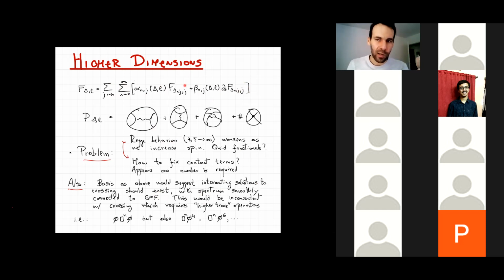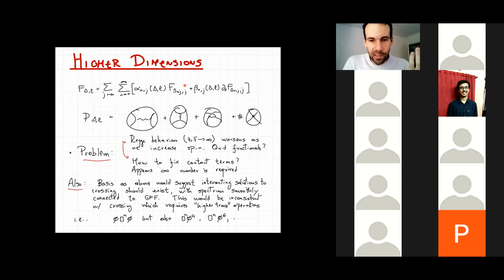We went from the generalized free boson to the generalized free fermion continuously, passing along some family of interacting solutions. And the point is that along this family, you always just had one operator per bin. So the spectrum smoothly deformed from the generalized free boson to the generalized free fermion without introducing extra states. So this formula would suggest that this is also possible in higher dimensions.